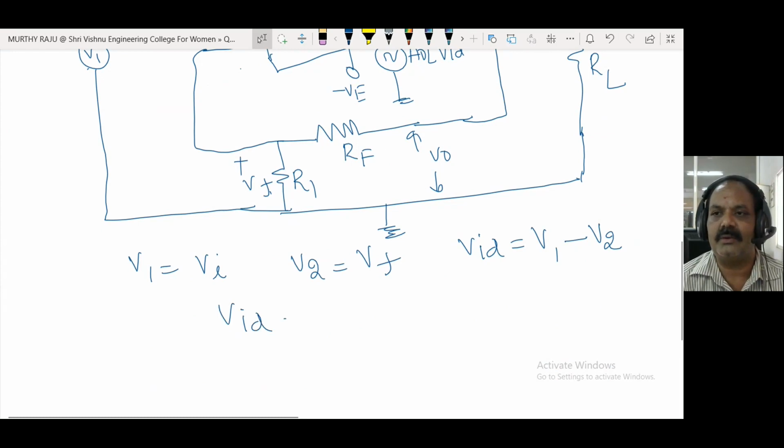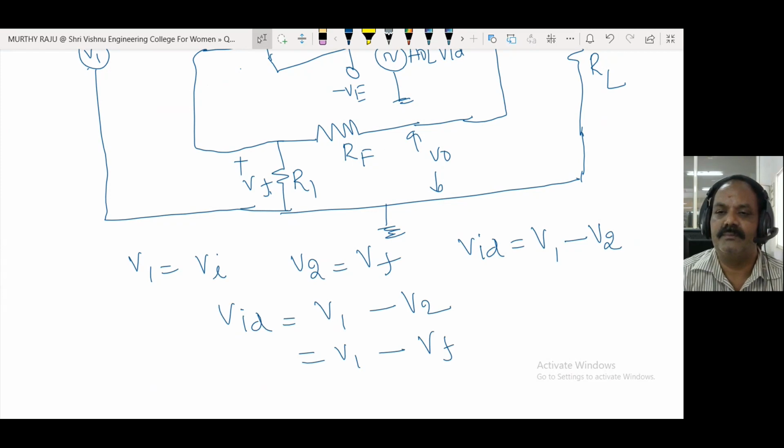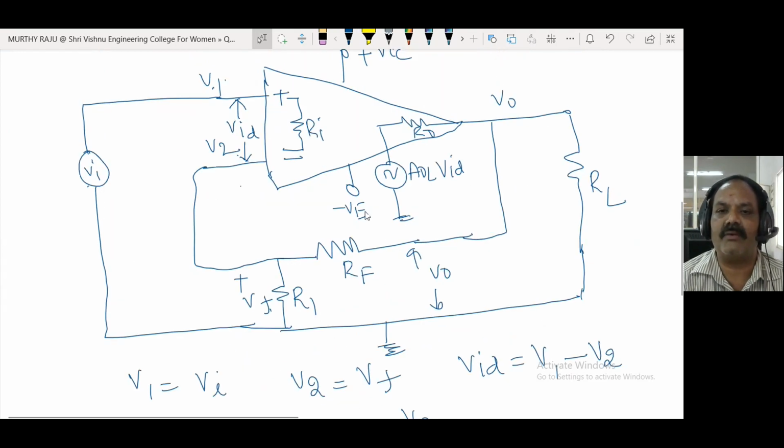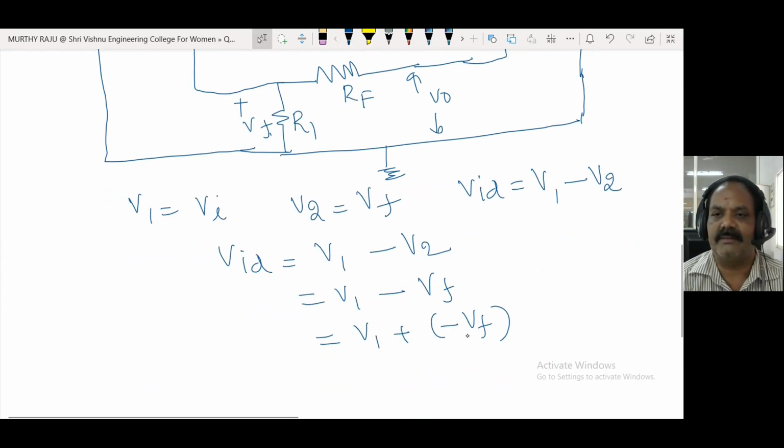VID is equal to V1 minus V2, that is VA minus VF. Therefore, the feedback voltage opposes the input voltage by 180 degrees. The minus sign indicates 180 degrees. That is the reason it is called negative feedback. So the feedback is called negative feedback.